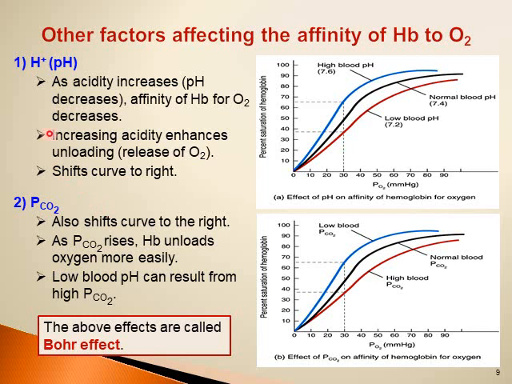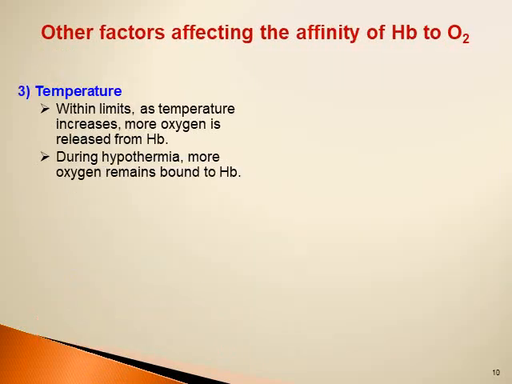The effects of pH and partial pressure of carbon dioxide on the hemoglobin oxygen dissociation curve is called the Bohr effect. So high hydrogen or low pH, and high carbon dioxide will decrease the affinity of hemoglobin for oxygen, and this is called the Bohr effect.